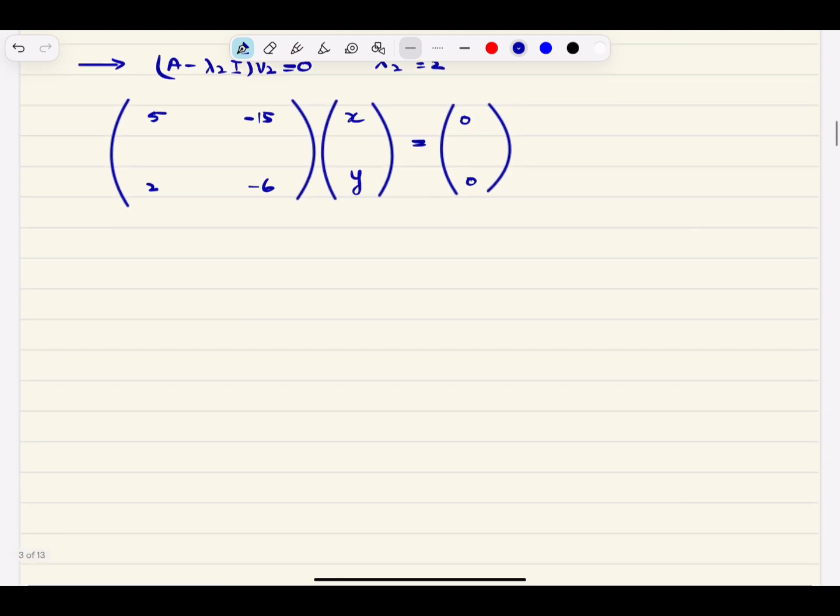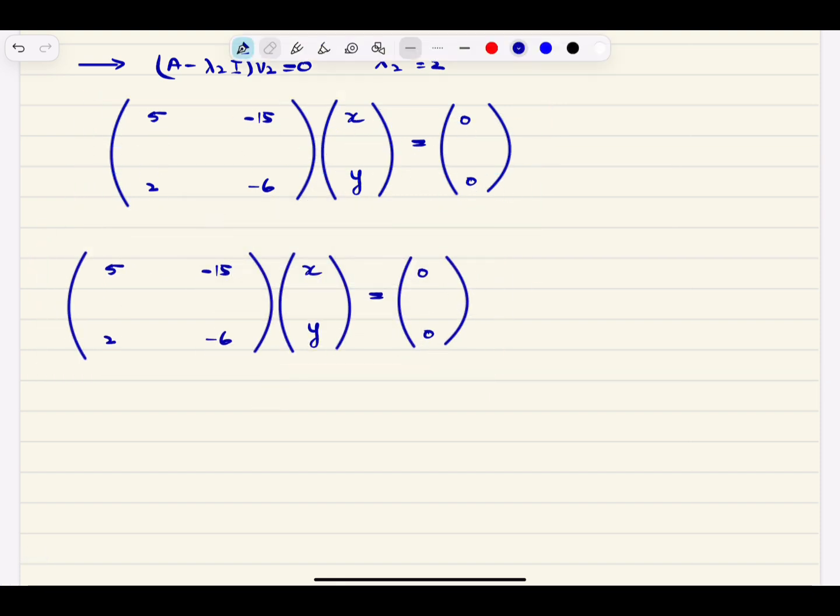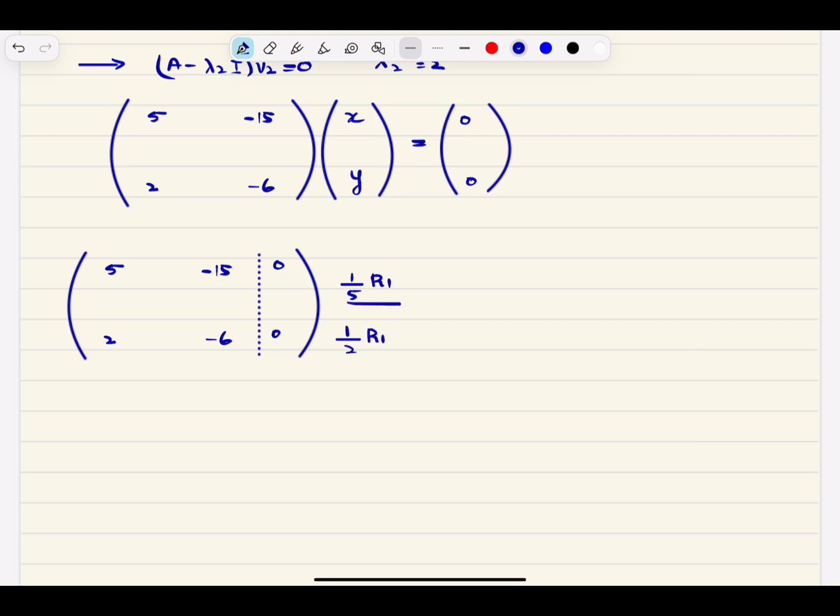Okay, again let's just do row operations. I'm going to put it in the augmented form, and this is the augmented form. We can multiply the first row by 1/5, and I can multiply the second row by half, and I get 1, minus 3, 1, minus 3, 0, 0.